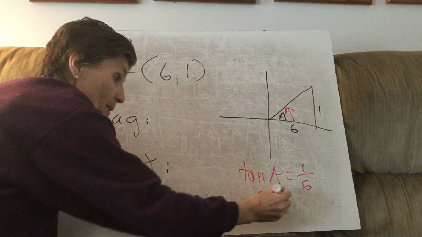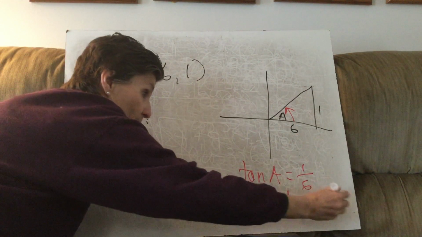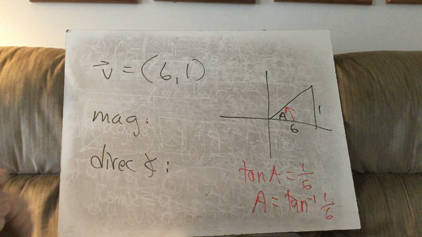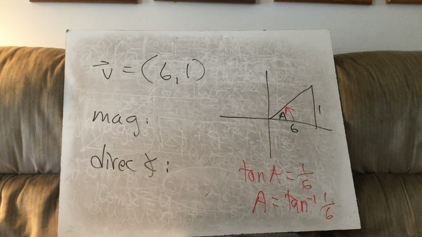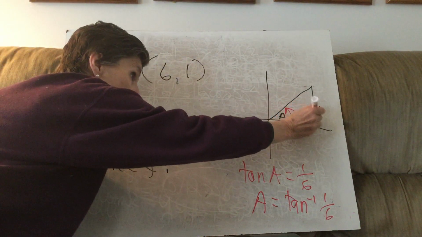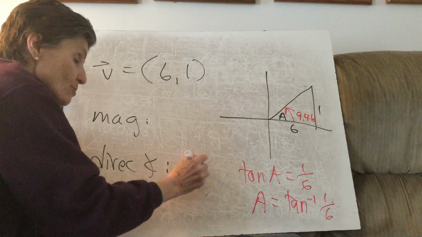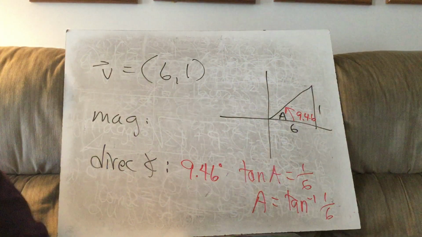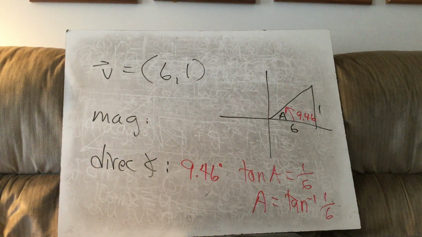So we will simply second tangent 1/6. And it's 9.46. So this angle is 9.46, and that is the direction angle because you are in quadrant 1.